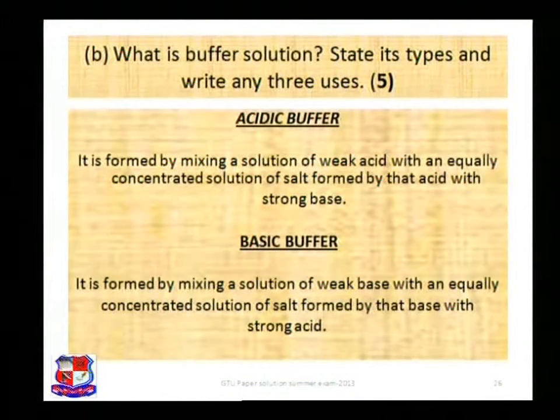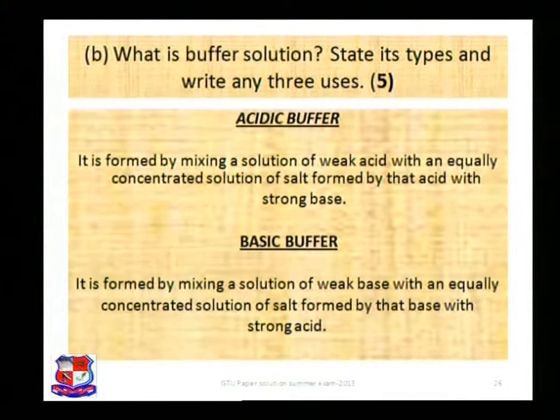Here, types. Acidic buffer. How is it formed? Let us see. We have to write down the definition because it is of 5 marks. It is formed by mixing a solution of weak acid with an equally concentrated solution of salt formed by that acid with strong base.